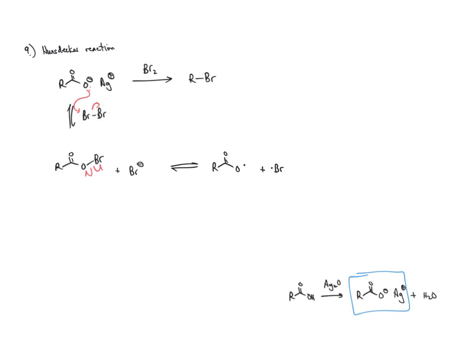Now the bromine radical is going to be in very small amounts, and the carboxy radical, also in small amounts, can undergo a decarboxylation. And so we can generate here CO2 gas plus an R dot, so a carbon-based radical.